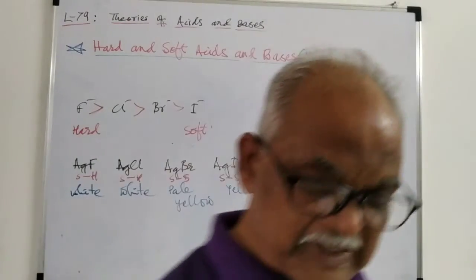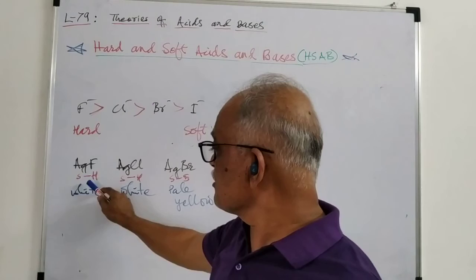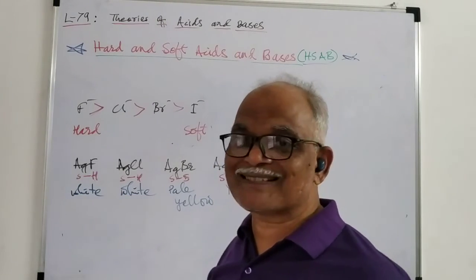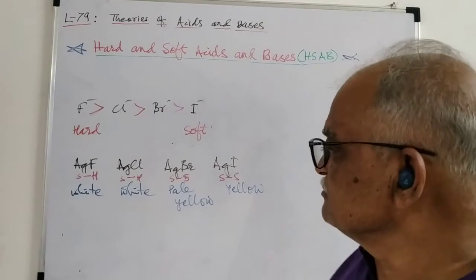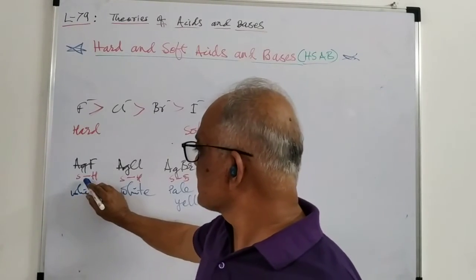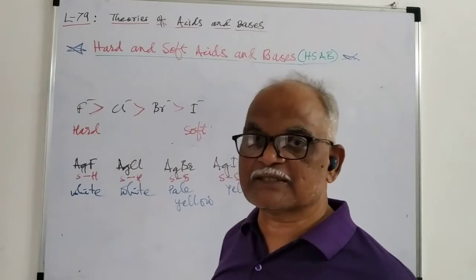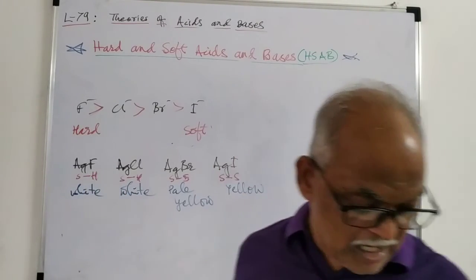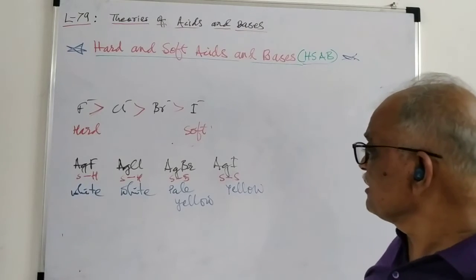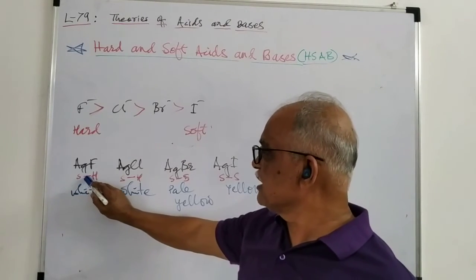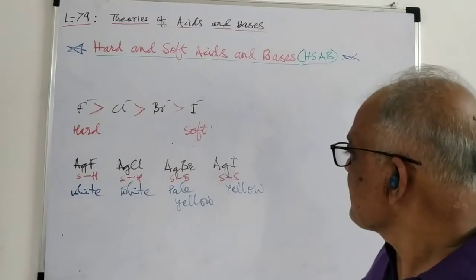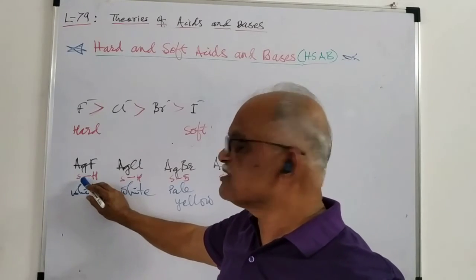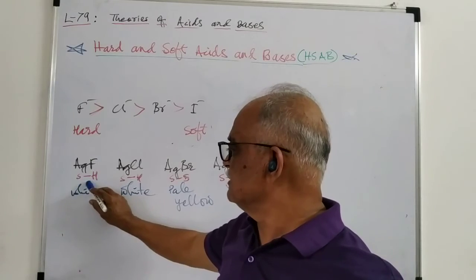Because of this harder combination, the interaction between Ag plus and F minus is relatively weaker, and therefore these are not more stable species.